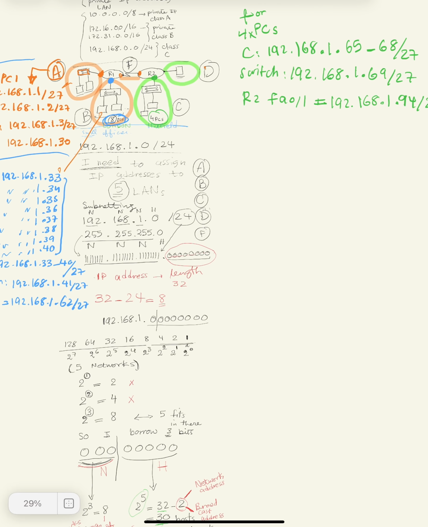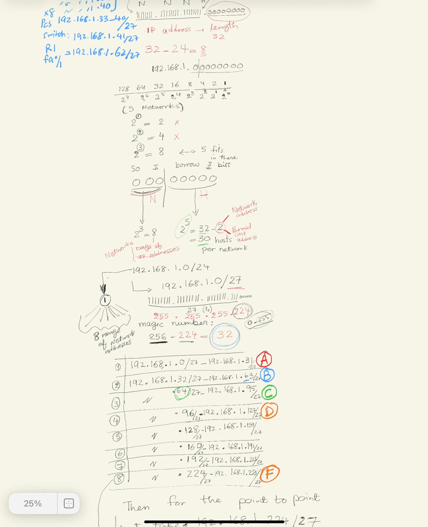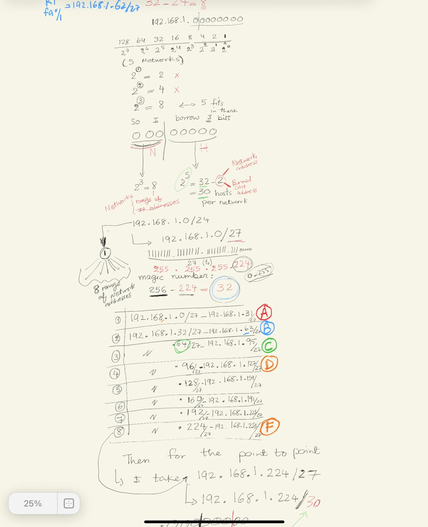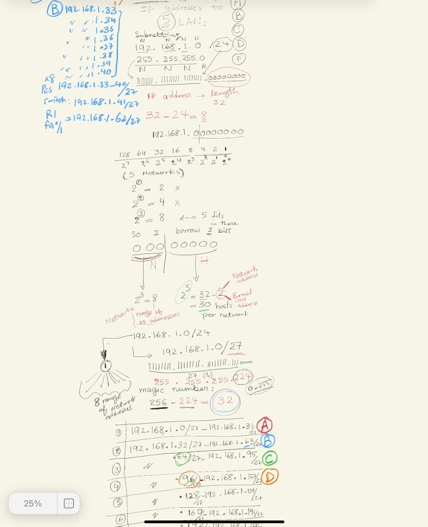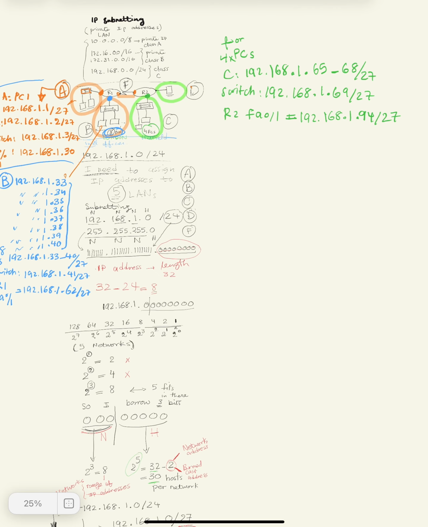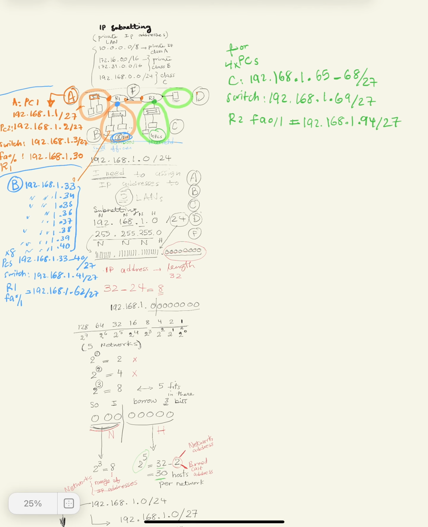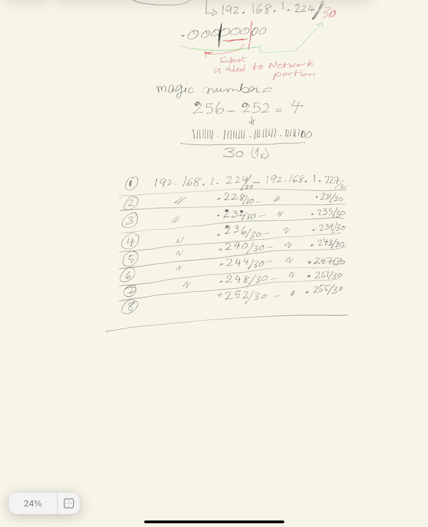Now the next one is D, which requires only one IP address. I'm going to give it from this network. For D, this is going to be only one server, whose IP address is 192.168.1.97, as you see.